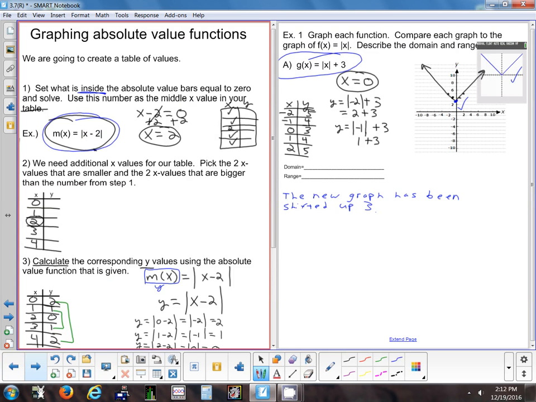When the number is inside the bars, that's going to cause something to happen. When the number is outside the bars, that's going to cause something different. So you might start to notice a pattern here, whether we move left and right or up and down.